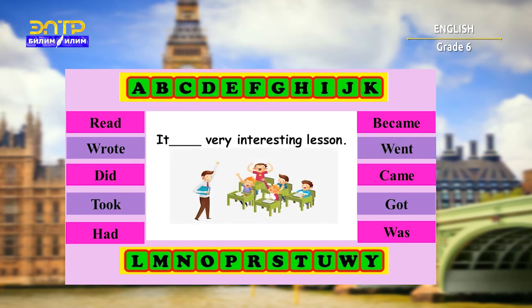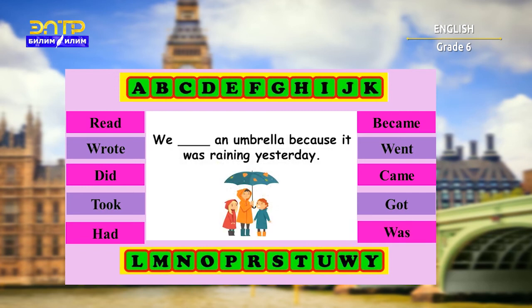It, very interesting lesson. It was very interesting lesson. We, an umbrella because it was raining yesterday.